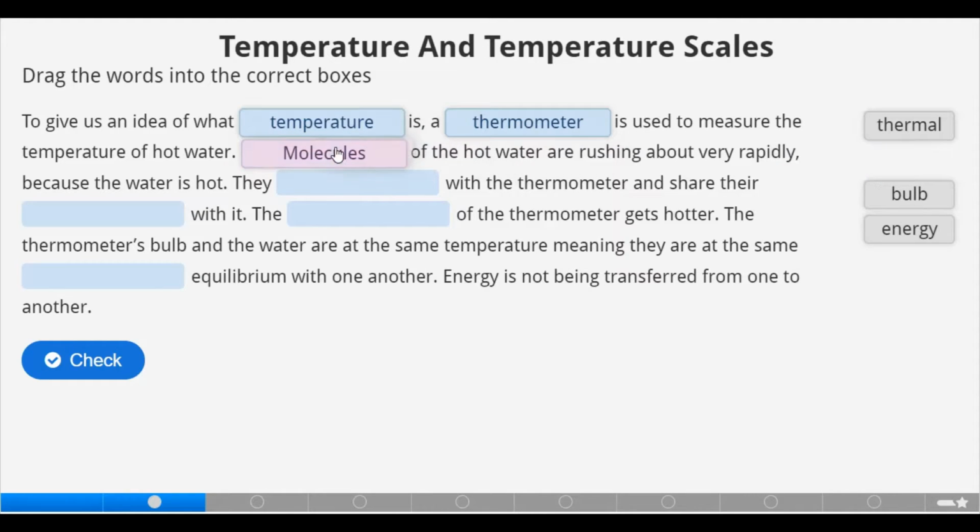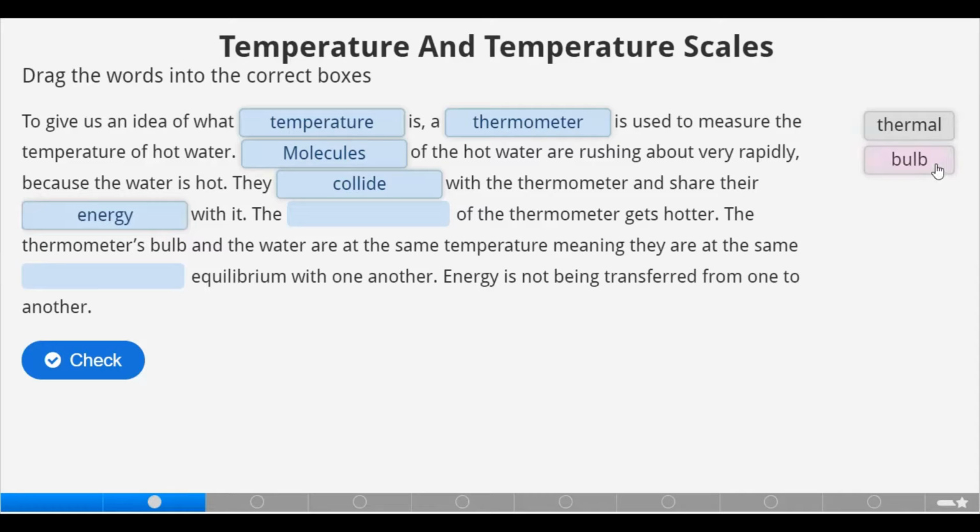They collide with the thermometer and share their energy with it. The bulb of the thermometer gets hotter.